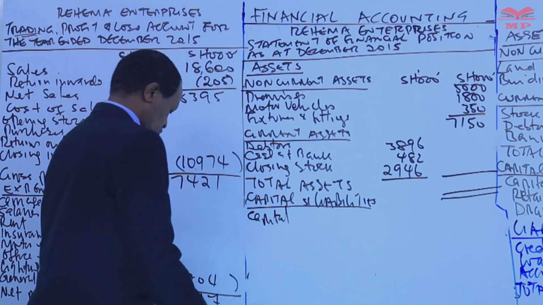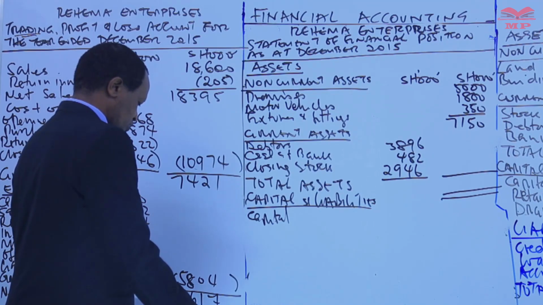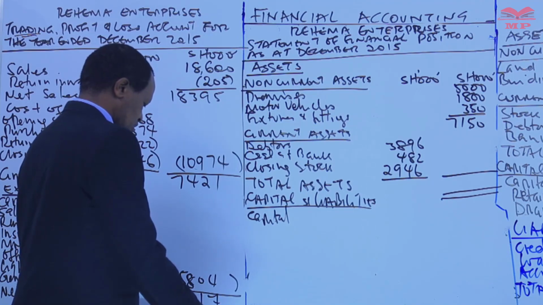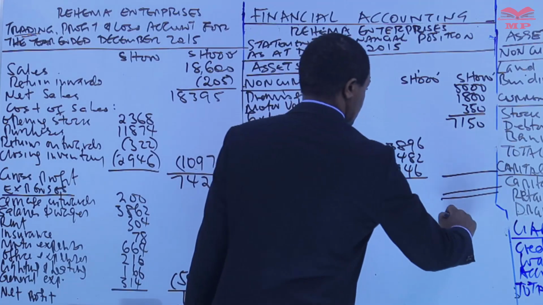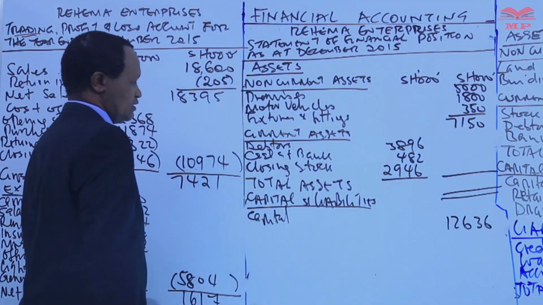The capital, the last item in the trial balance there, candidates, will always have a credit balance. When you are looking for capital, just look at the credit side of the trial balance and you get it. 12,636. That is the capital.